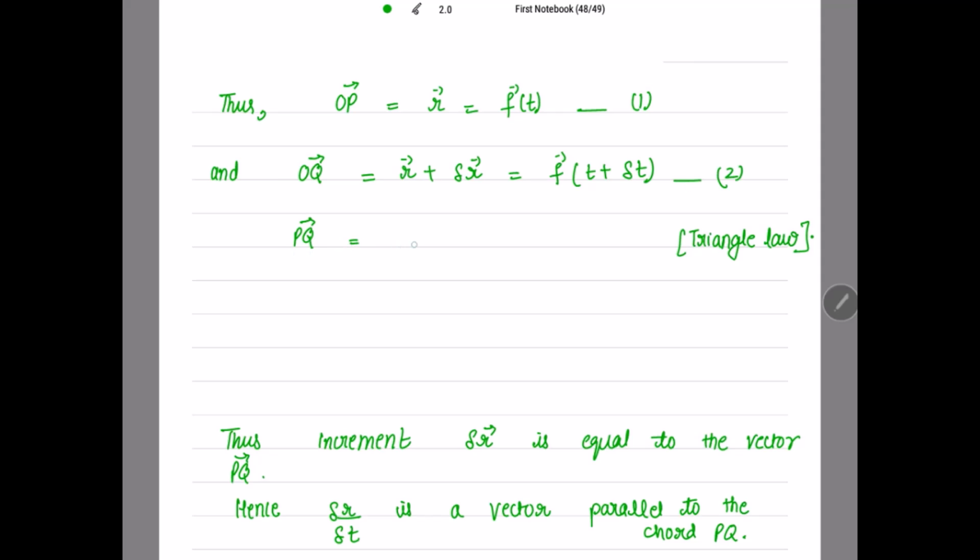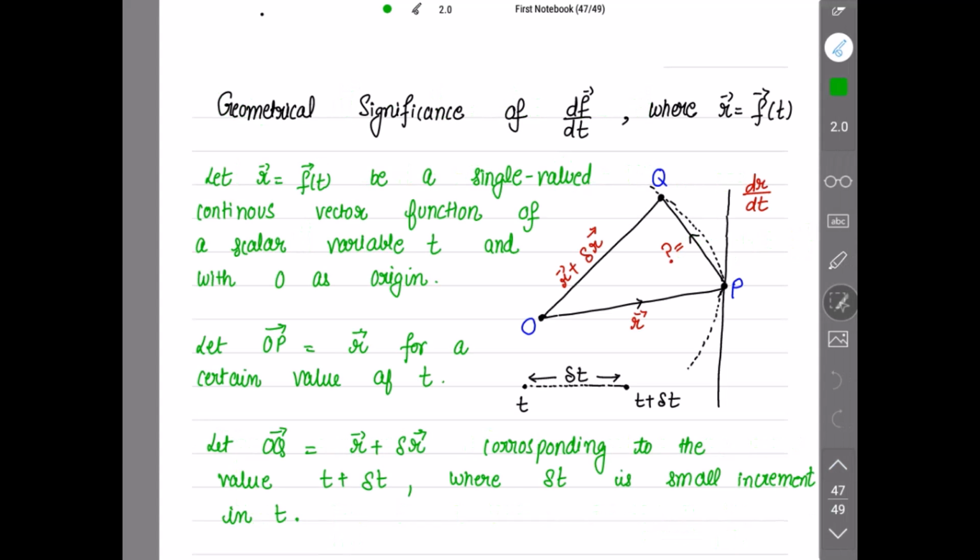Now PQ vector is equal to what? Do you know about the triangular law? This is your PQ vector. This is equal to the sum of these two sides, that is PO vector and OQ vector.